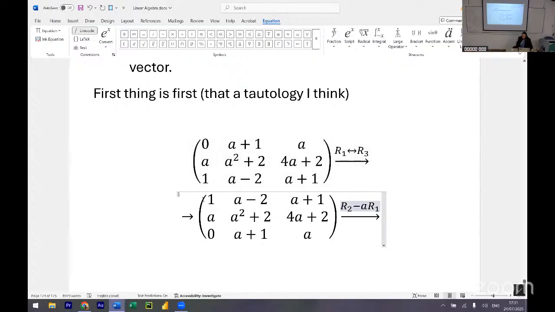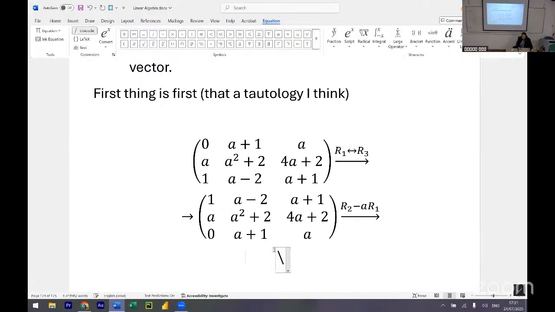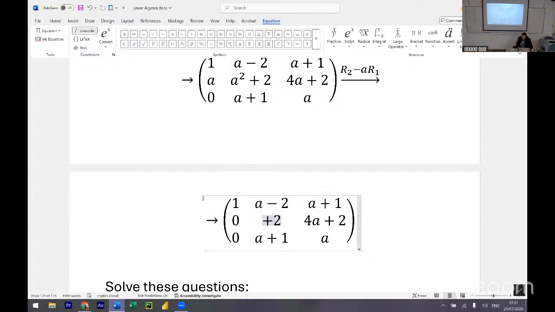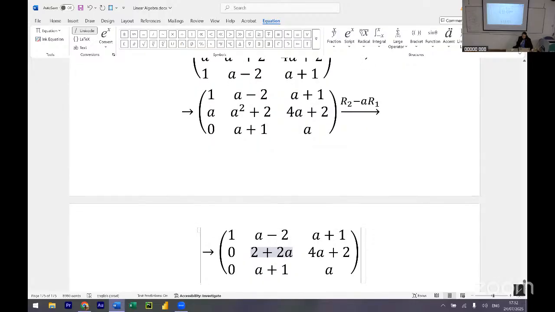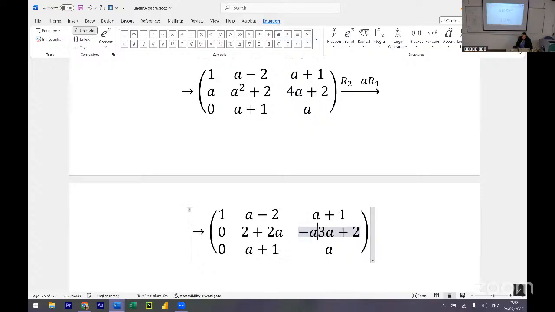This works for every value of A, so it's great. So that's 0. That cancels out, and we are left with 2 plus 2A, right? And here we have 4A minus A, that's 3A, plus 2 and minus A squared.